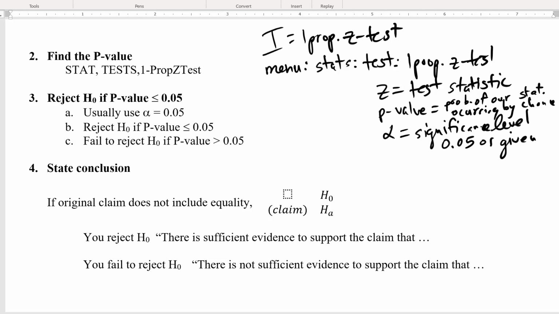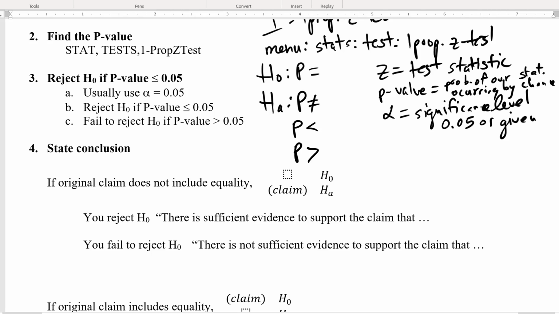Okay, so the way we do this now, so you're going to list all this, don't forget part of the test will be the null and alternative hypothesis. So p is equal to, p is either not equal to, less than, or greater than. Okay? They have some phrases down here. I'm going to give you the exact phrases I want you to use.